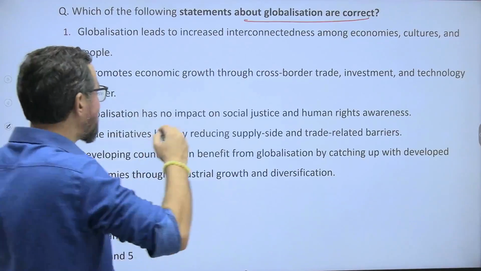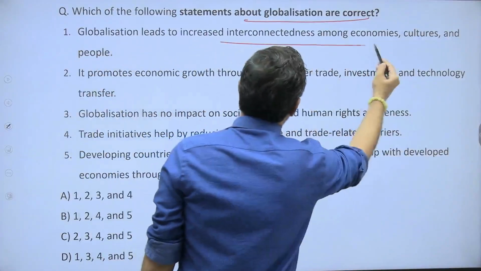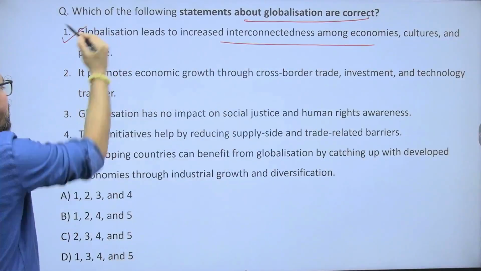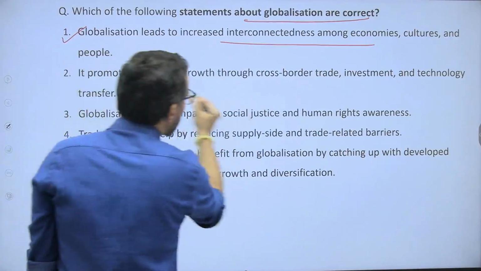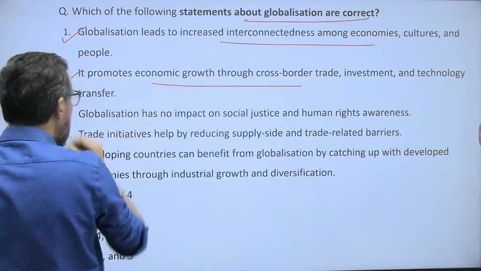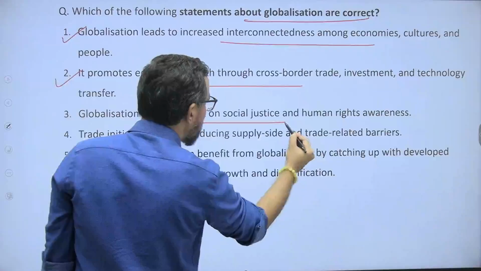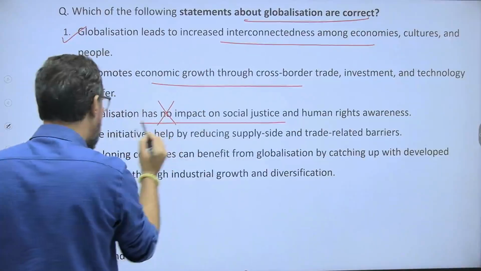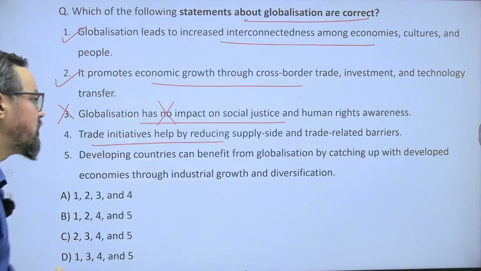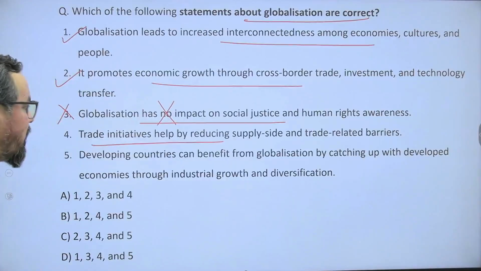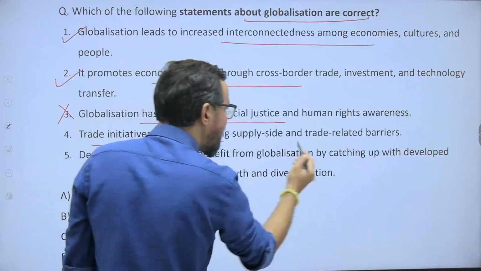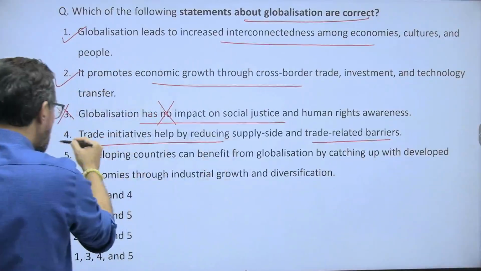Globalization leads to increased interconnectedness among economies, culture and people, without any doubt, right? It promotes economic growth through cross-border trade, investment and technology. Globalization has no impact on social justice? It has an impact on social justice also. Trade initiatives help by reducing supply side and trade related barriers.